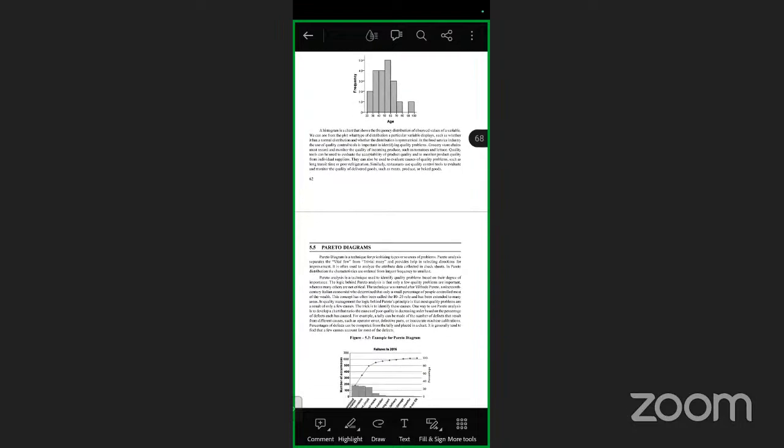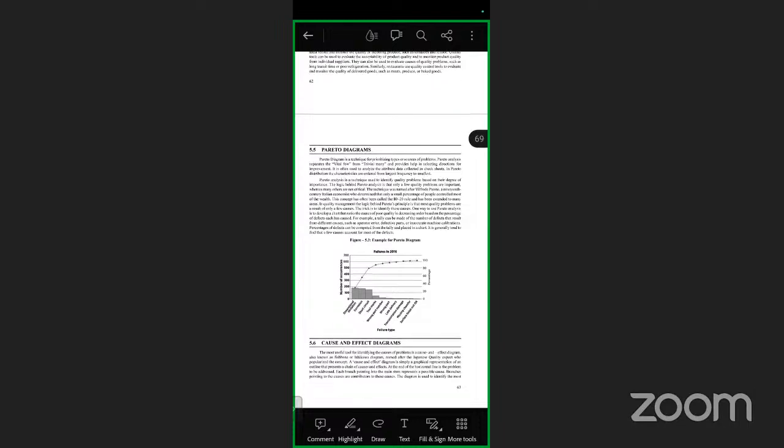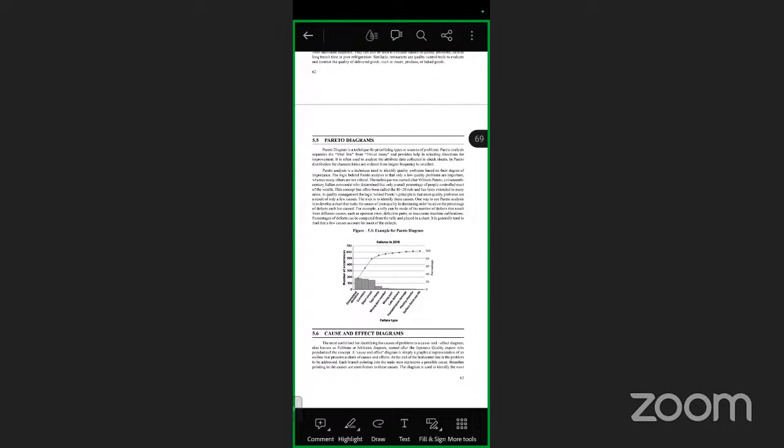So it's all about the Pareto diagram. You can see it's a combination of a bar chart and a line. The Pareto diagram prioritizes the type or source of a problem.